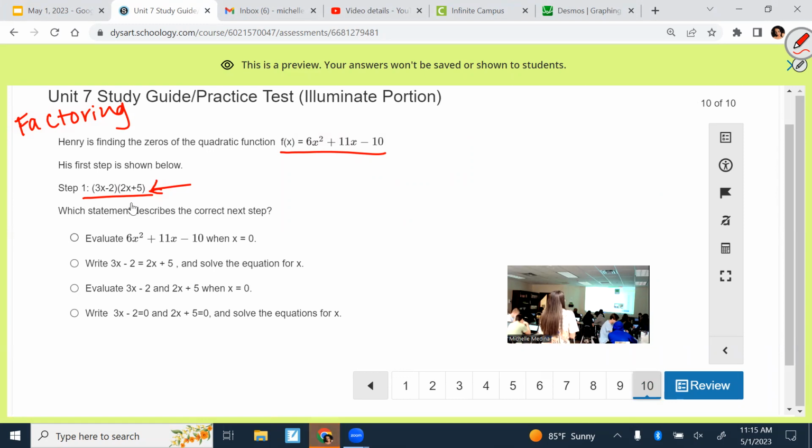Does he need to evaluate the standard form when x equals 0? No, that sounds more like what he should have done before that step that he already has, or if he was doing quadratic formula. So not in this one. That would be like going backwards. Does he need to set the 3x minus 2 equal to 2x plus 5?